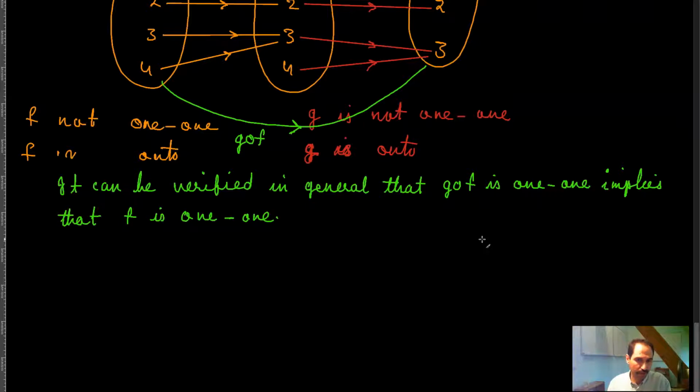It could be onto, it could be 1, 1, it could be not onto or not 1, 1. But if you have two functions f and g, and g∘f is defined and does exist, then if g∘f is 1, 1, you can conclude that f is necessarily 1, 1, meaning that you actually know that f is 1, 1, right?